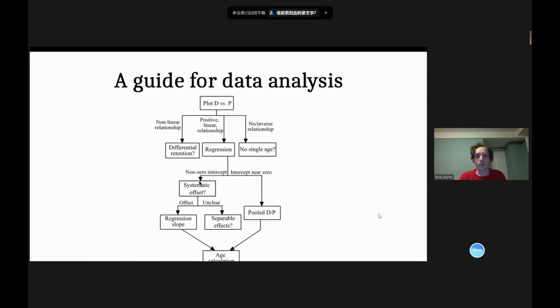And what we can also do, not only inspect the slope of such a linear regression line, but also look at the intercept. Because if the intercept differs strongly from zero, then we are in the area of a systematic offset that we would like to explain somehow. Or if the intercept is actually near zero, then we have basically the ideal case, and then we can calculate a mean age without a problem.